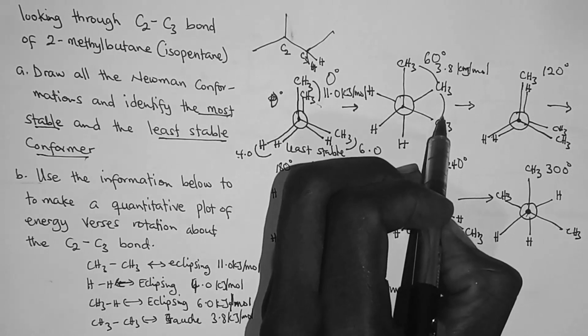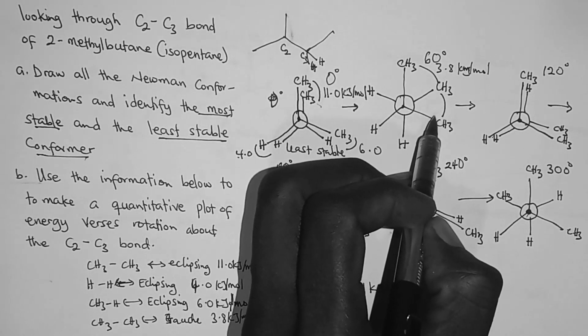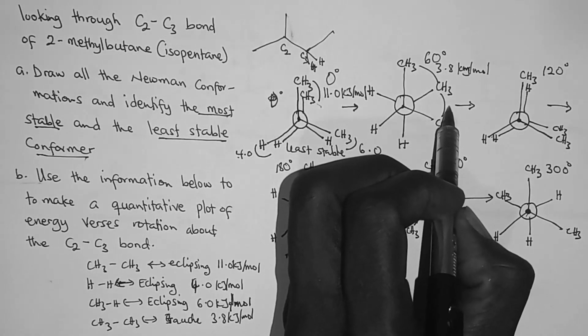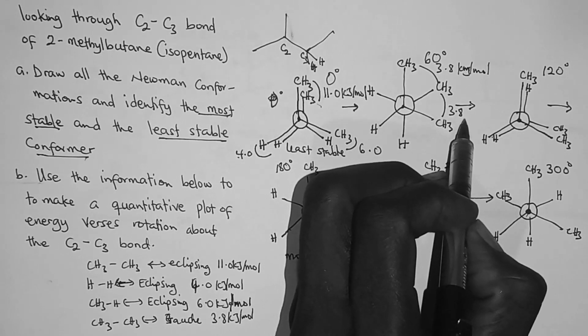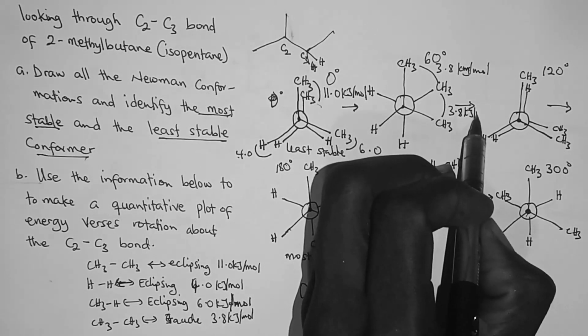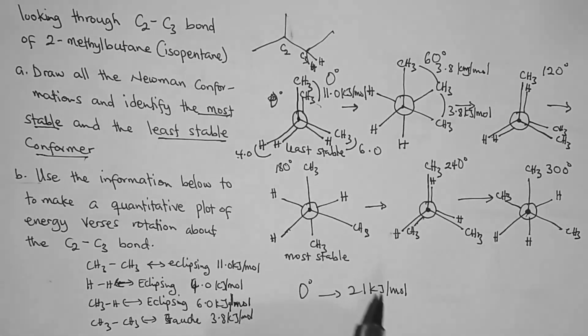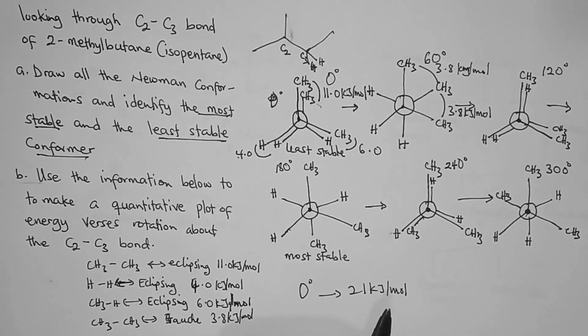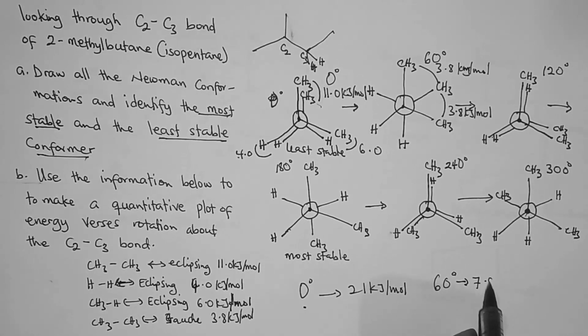And between this is also another gauche between a CH3 and CH3, and that is also 3.8 kilojoules per mole. So 3.8 plus 3.8 equals 7.6 kilojoules per mole. So it means that for the 60 degrees, we are talking about 7.6 kilojoules per mole.